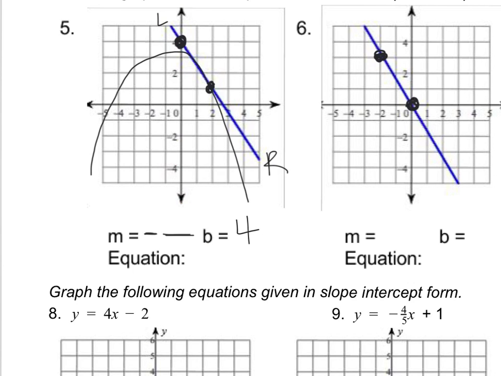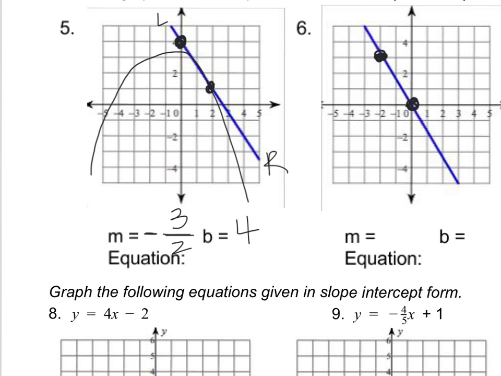Back to our slope. We said our slope was negative. We are going down. How many? And then across. So our slope is negative 3 over 2. Check it out one more time. 1, 2, 3 over 2.